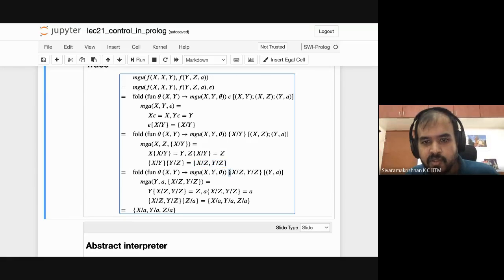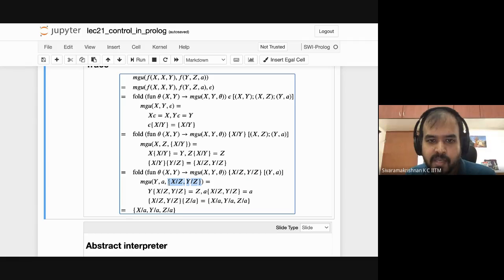So the thing that you have is this term that has come out. You have one more term, which is y slash a here, and you do one more iteration of the fold. So what happens here is the terms that you have are y and a, and the theta that you have is this term here.